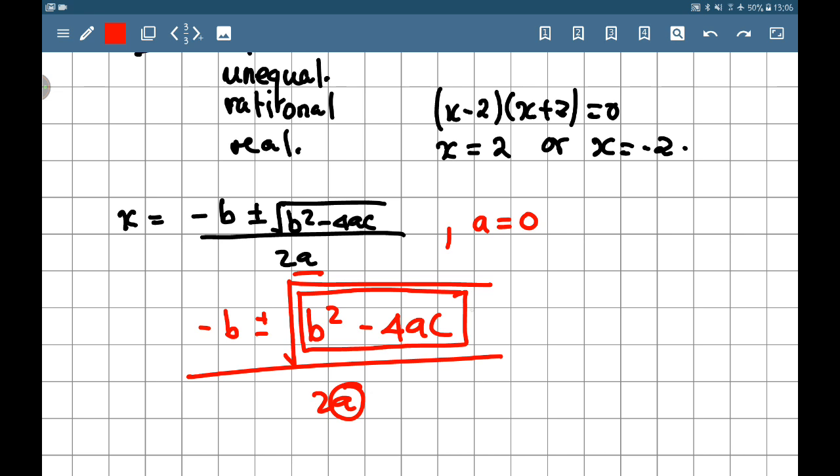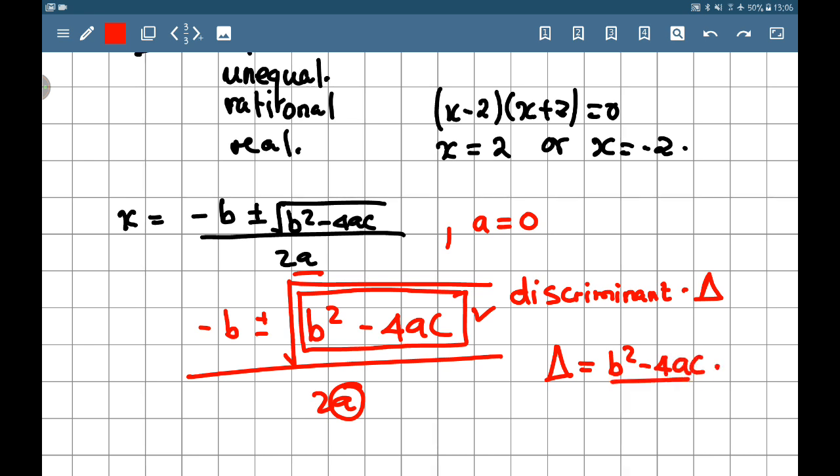So now we call this the discriminant. The discriminant is given as a triangle like that. So in other words, the discriminant is b squared minus 4ac.